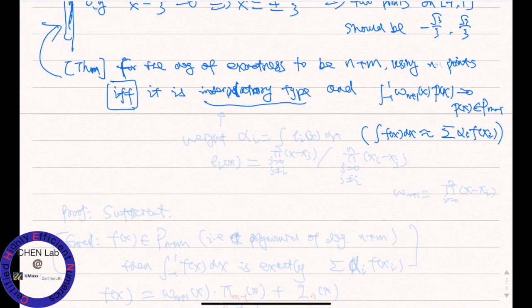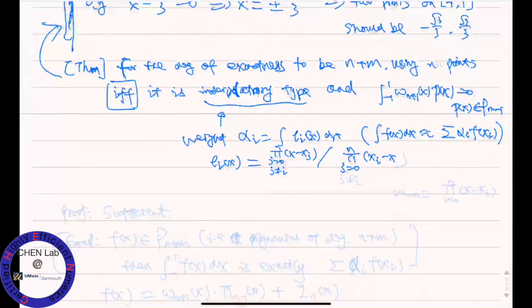This again basically just says that the weight alpha i is the integral of your Li of x dx. All right, the Li of x is the product of x minus xj, j from 0 to n, j not equal to i, divided by the same guy, but evaluated at xi.